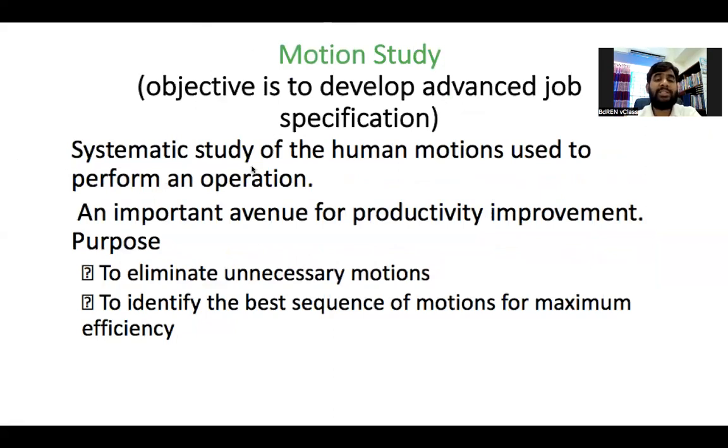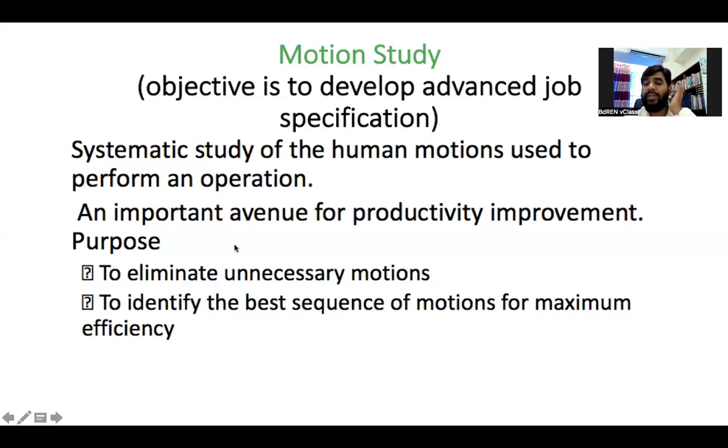Motion study is the study of human motions. So whether you will receive the inputs from another place or the input will come to your end. It is a systematic study of human motions used to perform an operation, and important for productivity improvement. The purpose is productivity improvement: to eliminate unnecessary motions, and to identify the best sequence of motions for maximum efficiency.